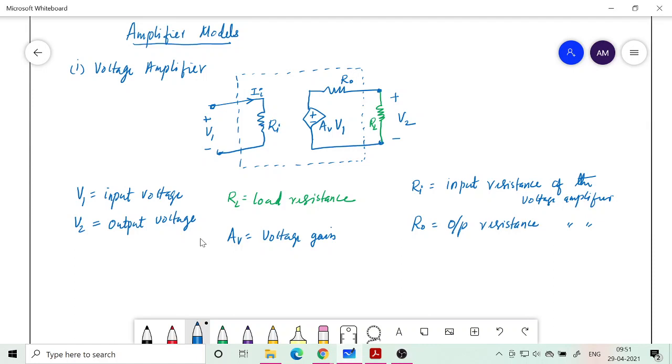So AV is defined as the voltage gain. I should also say, AV is the voltage gain of the voltage amplifier when output load resistance RL is equal to 0.